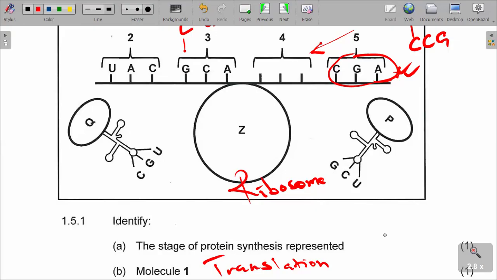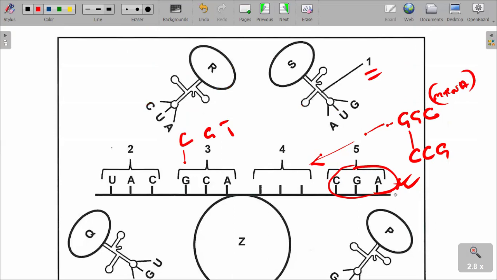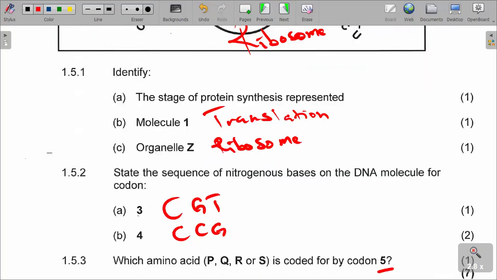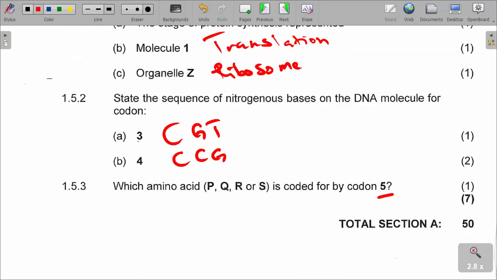S has the anticodon GCU. So when we look at that, we can say that S is the amino acid coded for by codon 5.